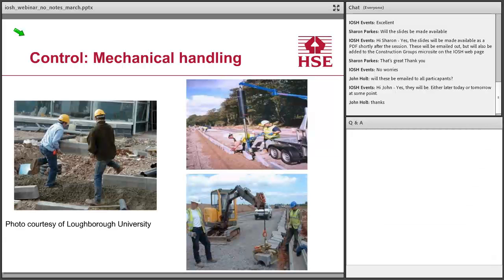To begin with, the curb layers I met were resistant to using mechanical aids. But once they started to become familiar with them and some of the work processes were changed, they much preferred them. Mechanical handling aids for curbs should be the first port of call.